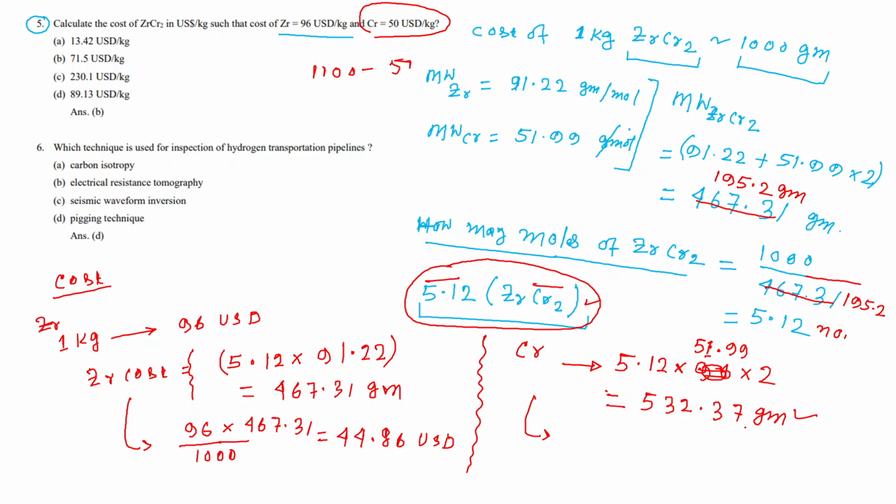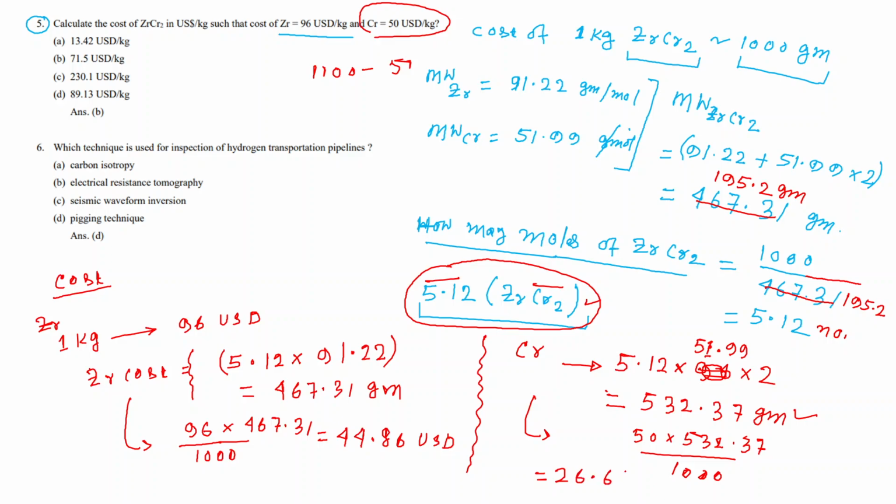So the cost of this much gram of chromium will be 50 multiplied by 532.37 divided by 1000.